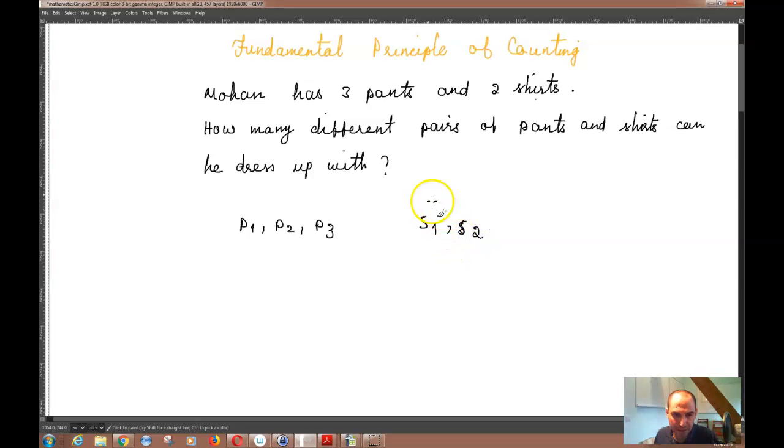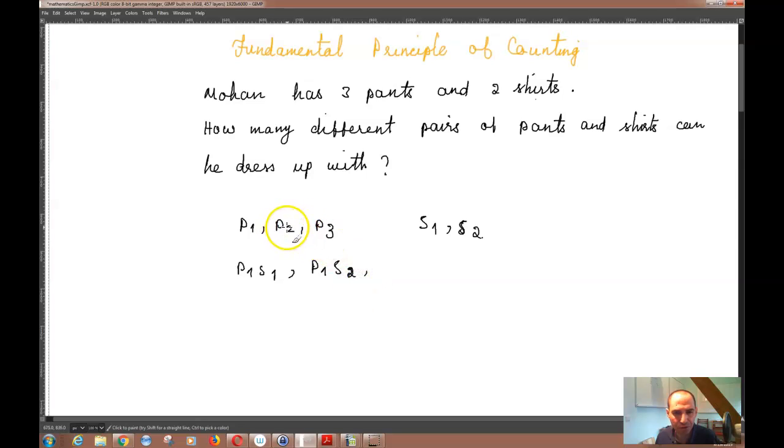Now, I could wear the first pair of pants with the first shirt, which would be P1 S1. I could wear the first pair of pants with the second shirt, which would be P1 S2.